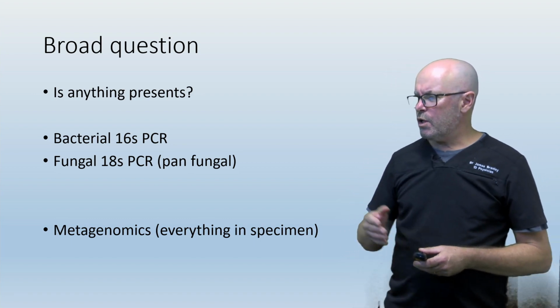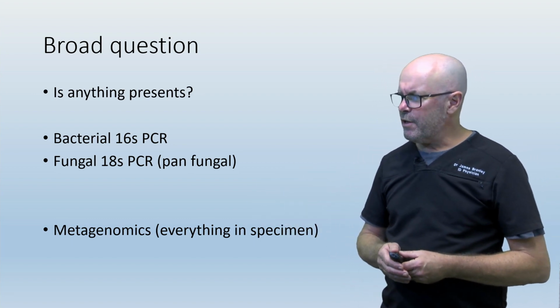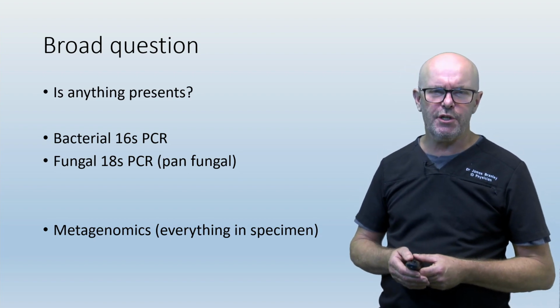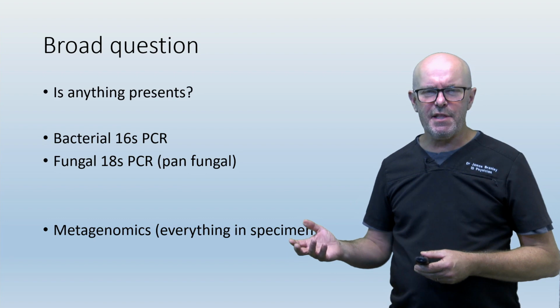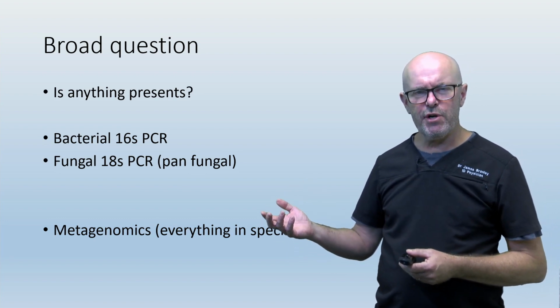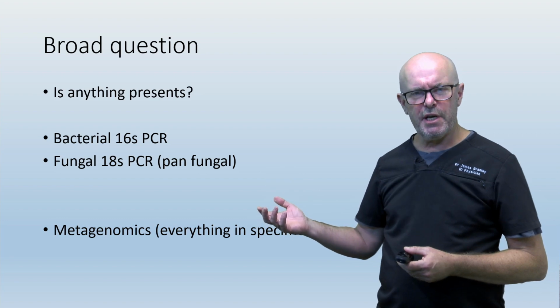So moving on to other forms of PCR, we can ask a much broader question, which is: is anything present in the specimen? Anything from the bacterial kingdom or from the fungal kingdom?